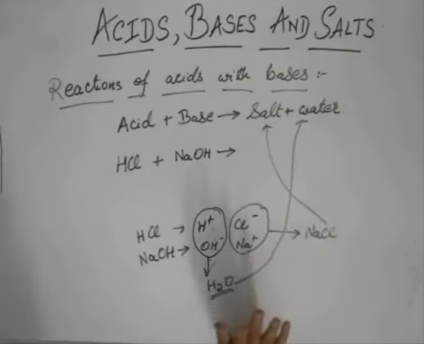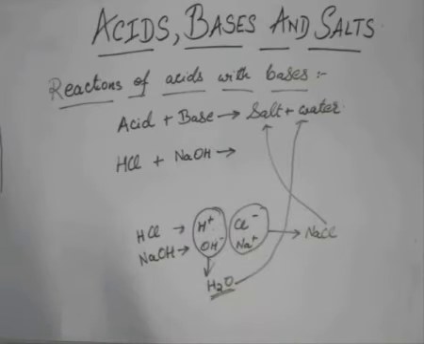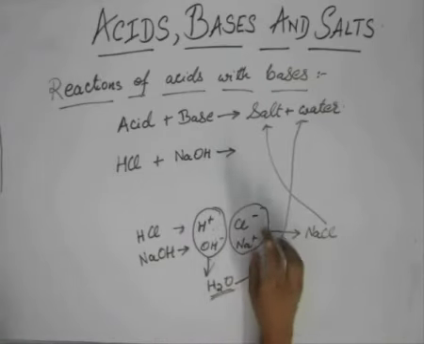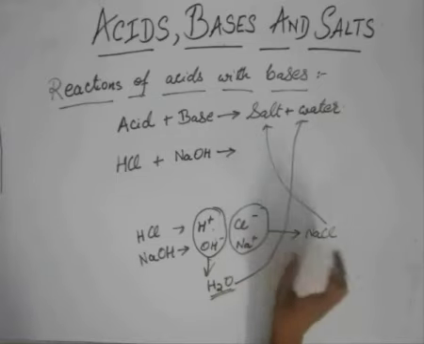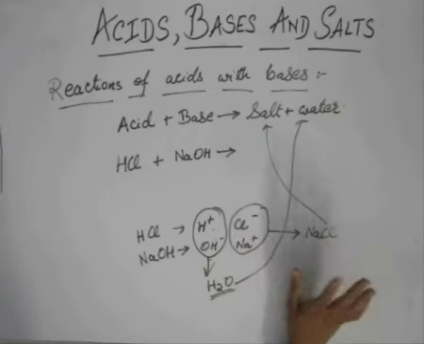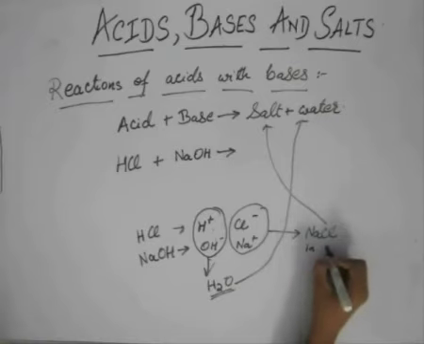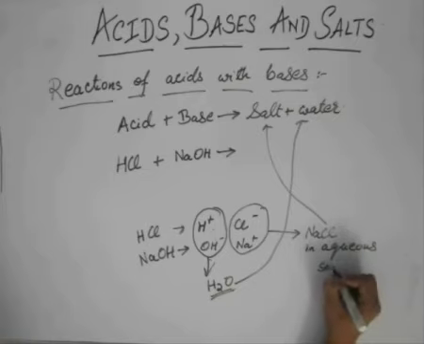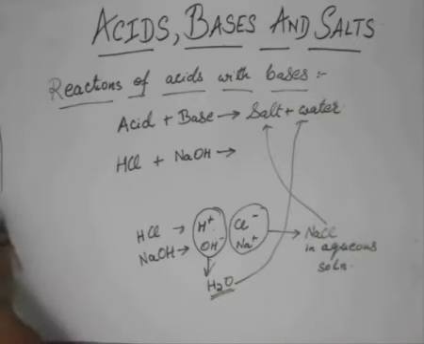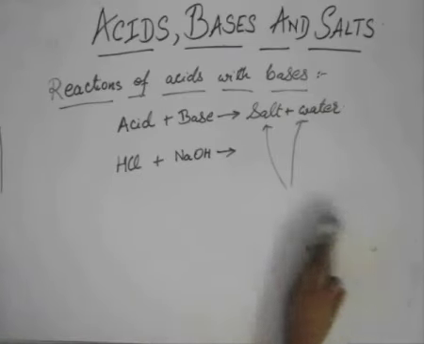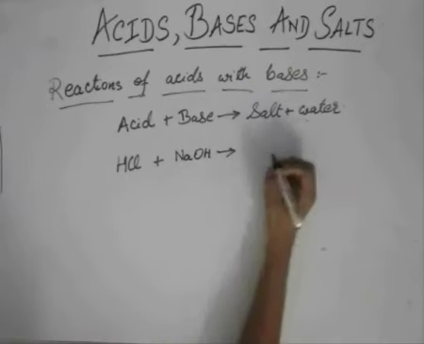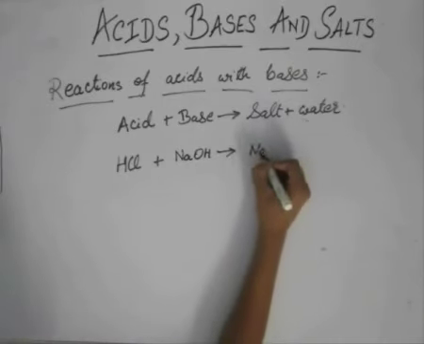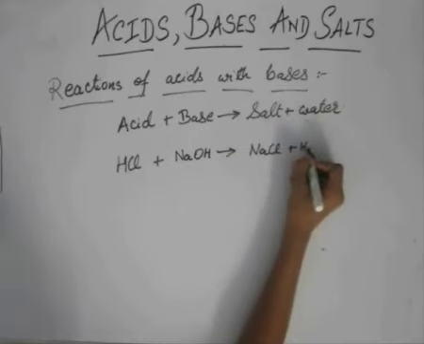Actually, Na+ and Cl- don't combine, they remain in ionic form, but we have equal quantities of Na+ and Cl-, so we have NaCl in aqueous solution. Aqueous solution means the solution of water, as I told. So HCl plus NaOH will give NaCl plus H2O.